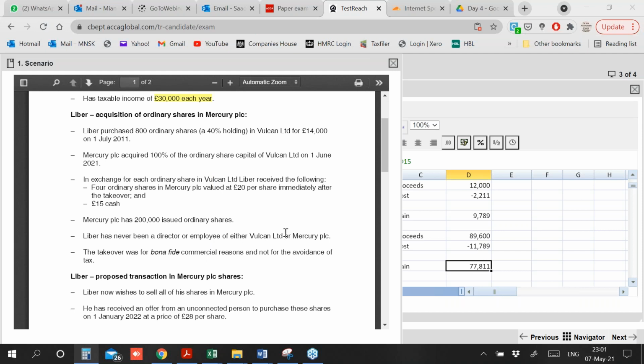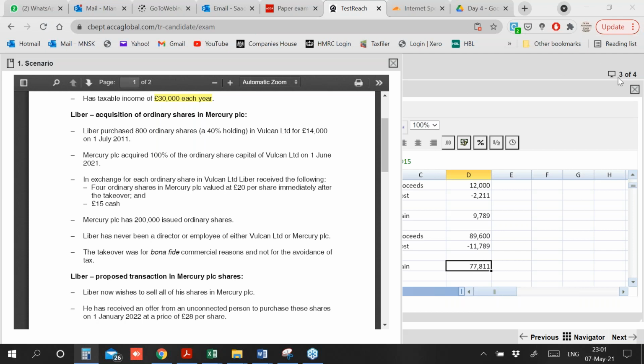So you know that the criteria is, number one, the ownership should be more than 5%. You should be an employee of the company, and the qualifying period is 12 months. Because she is not an employee, she will not be able to claim BADR on this, whether she sells the shares to that unconnected person or to his nephew Janus.